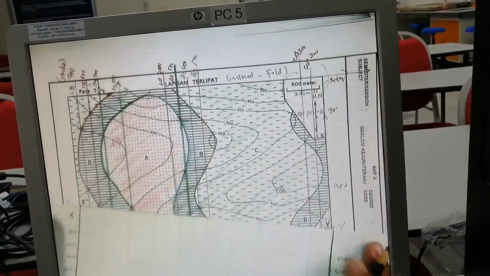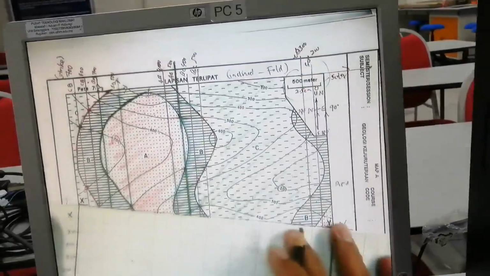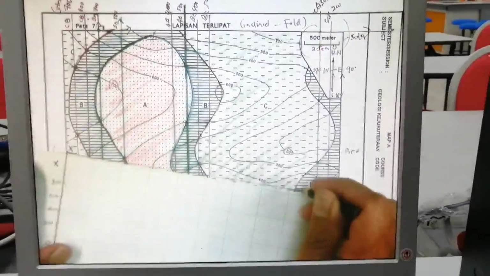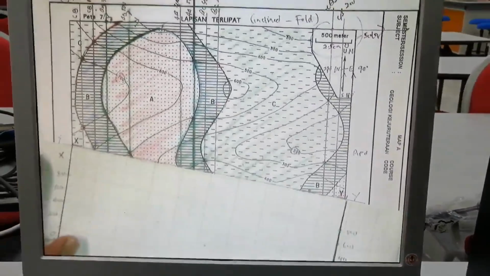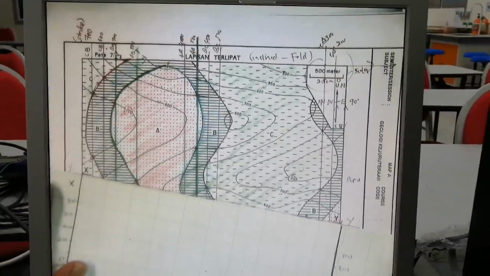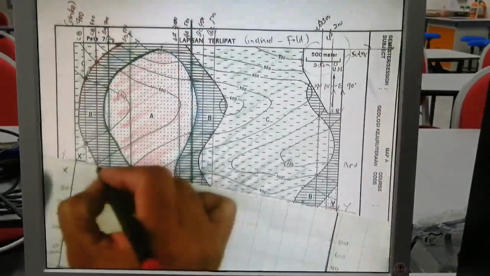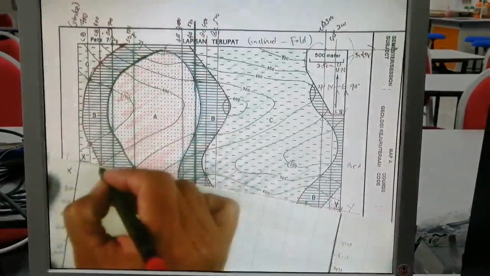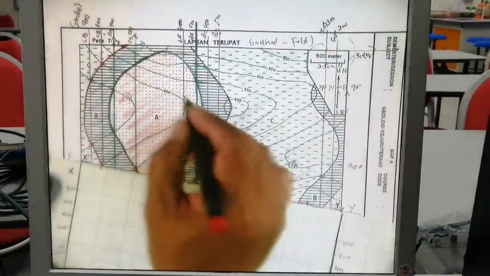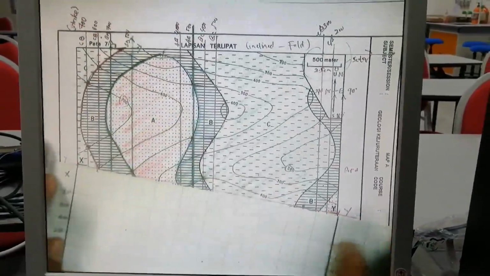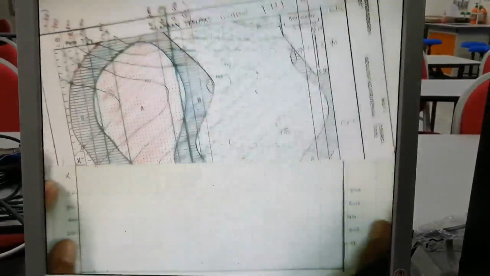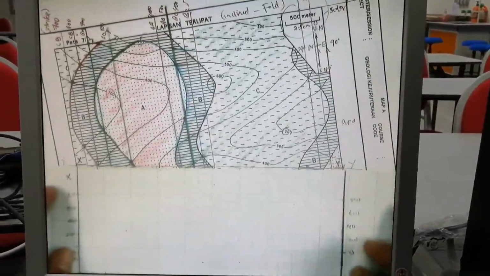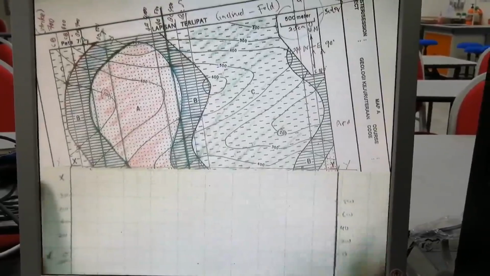Okay, this touches 500. I can see this 500. So this line contour line is 700, is 600. So make it flat here.